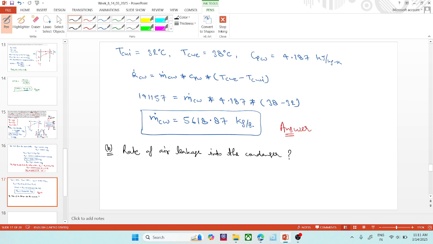What would be the rate of air leakage into the condenser? We have to determine it.